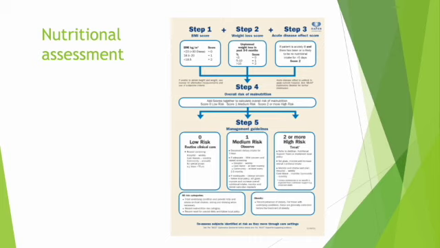You also have to see whether the patient has some acute problem that may cause nutritional problems. Finally you calculate the total score and see whether the patient is at low risk, medium risk, or high risk.